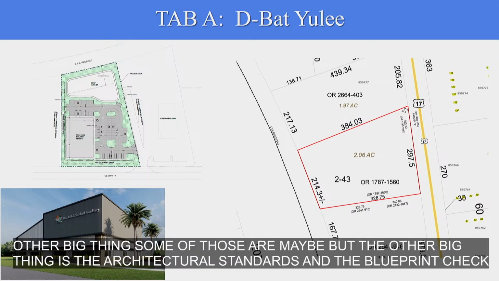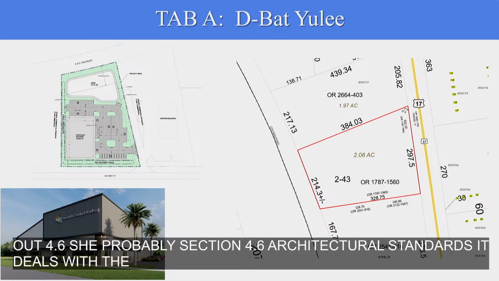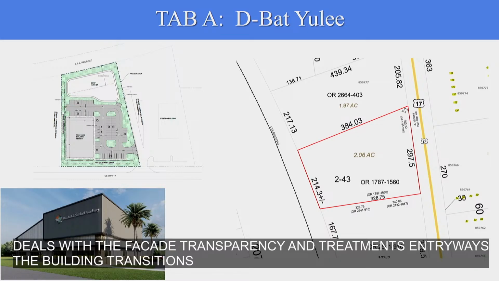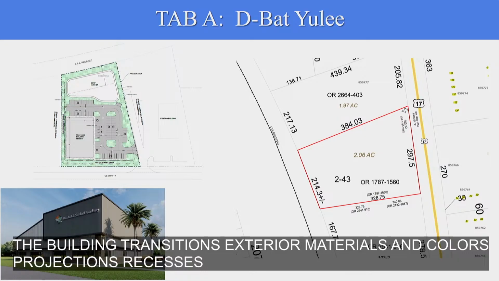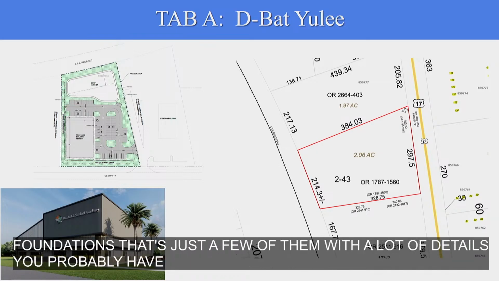Check out section 4.6, architectural standards. It deals with the facade, transparency and treatments, entryways, building transitions, exterior materials and colors, projections, recesses and massings, balconies, roof designs, awnings, porches, foundations. That's just a few of them, with a lot of details. You probably have looked at it.